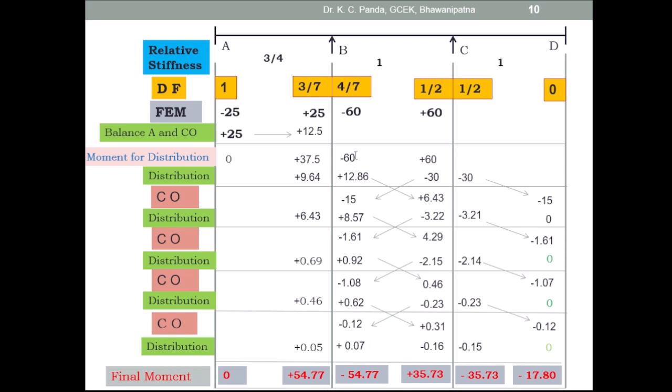Similarly, the sum of all the moments here is equal to minus 54.77, and here the sum of all the moments is equal to 35.73, and here the sum is equal to minus 35.73, and here the sum of the moments is equal to minus 17.80. So these are the final moments.